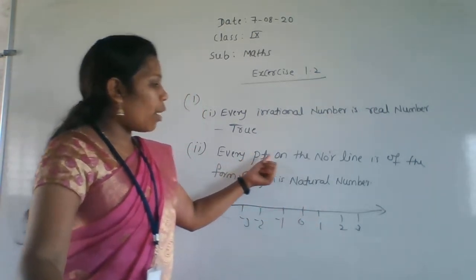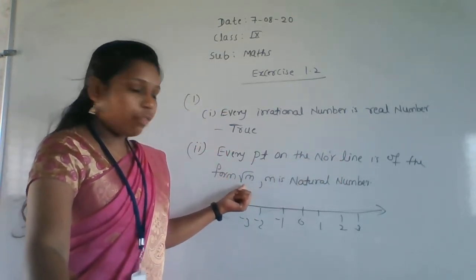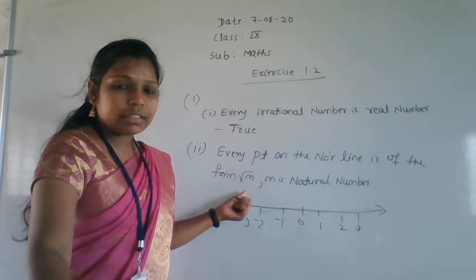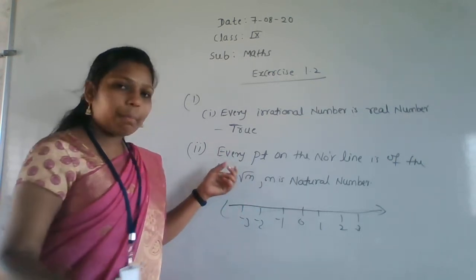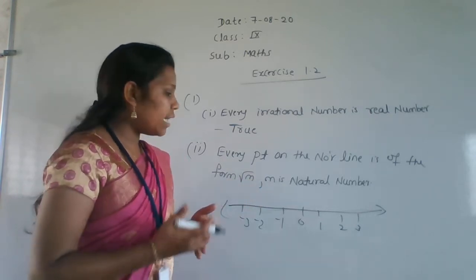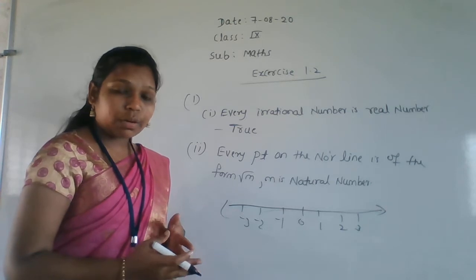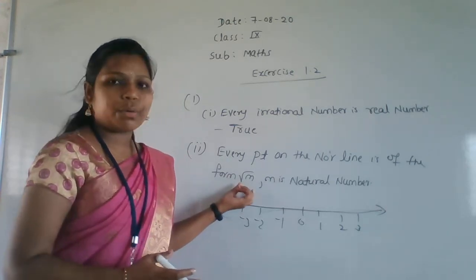So every point on the number line is not of the form of root m. Not every, some points will be in the form of root m, right? So we represented already root 2, root 3 like that.